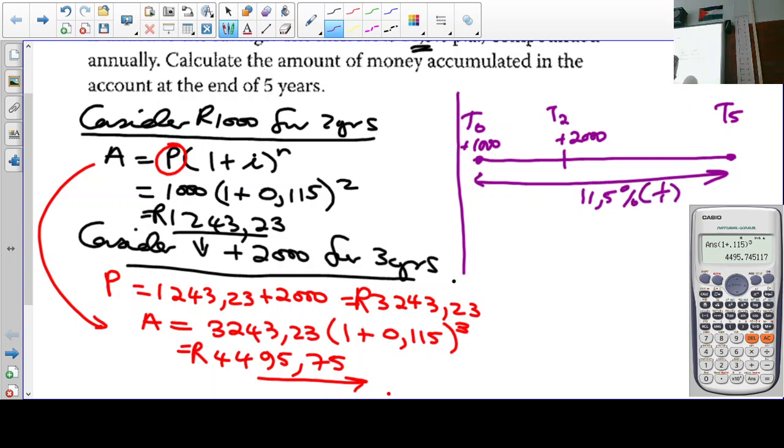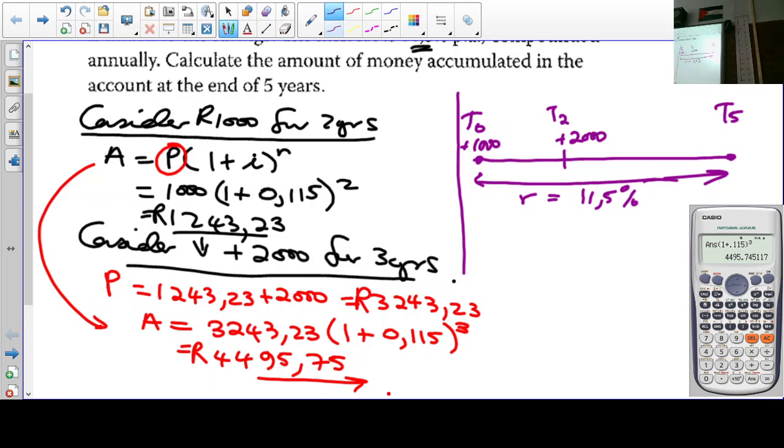In grade 11 and 12, you do different compounding, monthly and daily and so on. For now, it's only compounded yearly. So for now, you can leave this out. Wherever you write it is no problem, that's your rate.